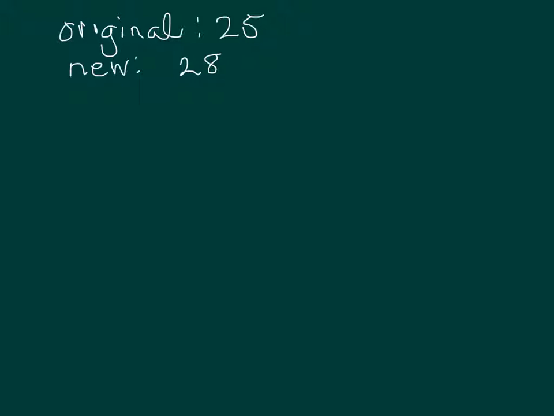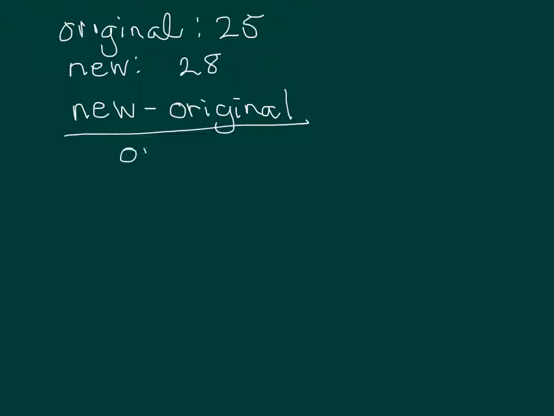So the way you will do this on all of these problems is you will take the new number, subtract the original, and then put that over the original. Multiply by 100, and that will give you your percent of change.